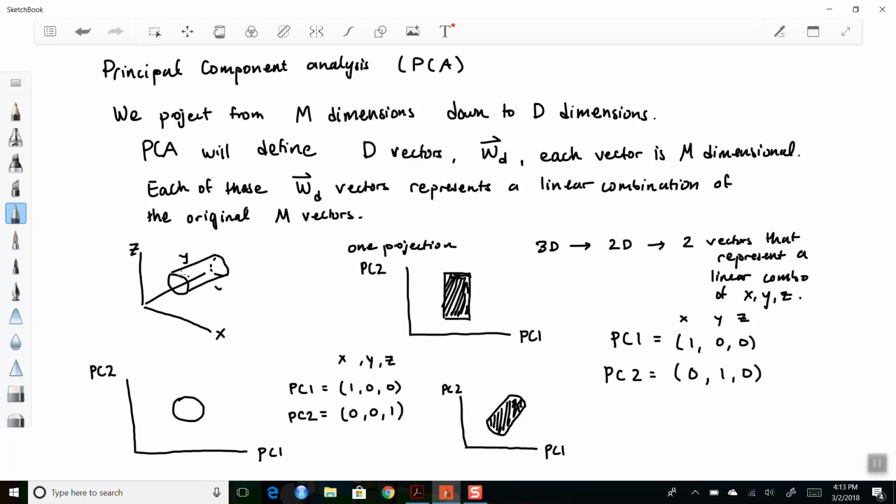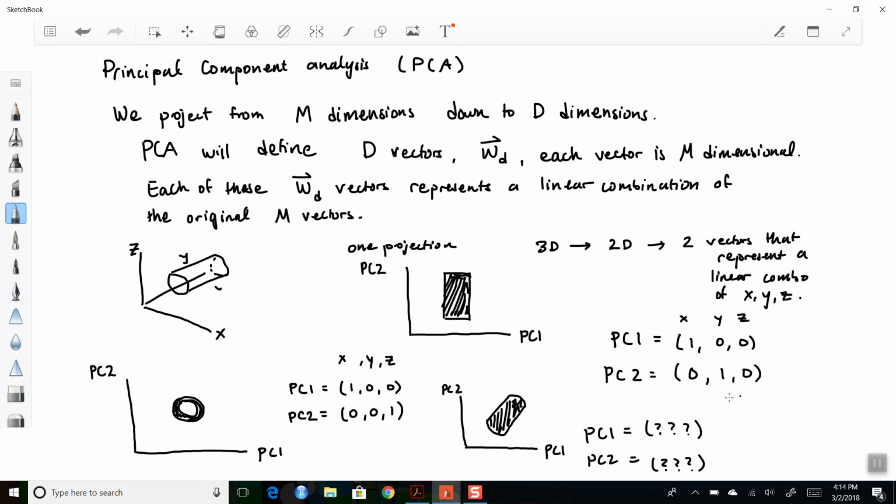I don't know, if this is a solid, maybe it looks more like this or something. Do these things make sense? And PC1 and PC2, I don't know exactly what linear combination gives this, just some combination of X, Y, and Z. Okay.